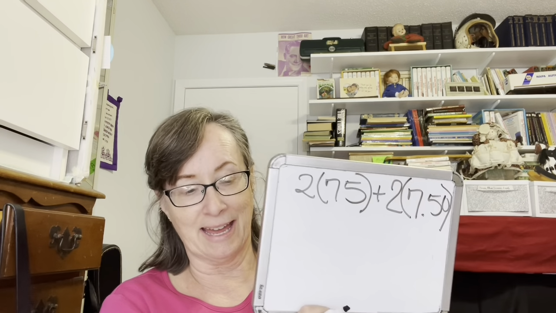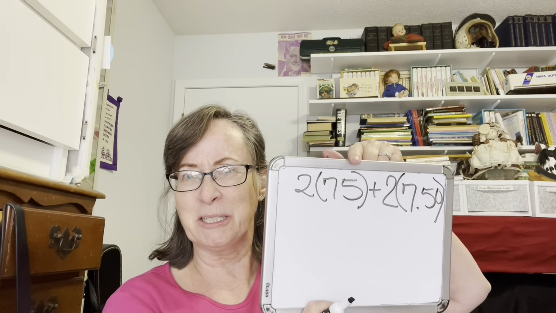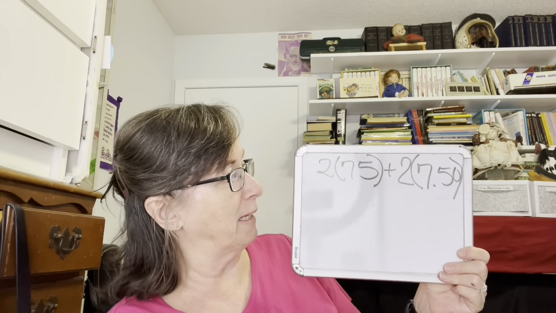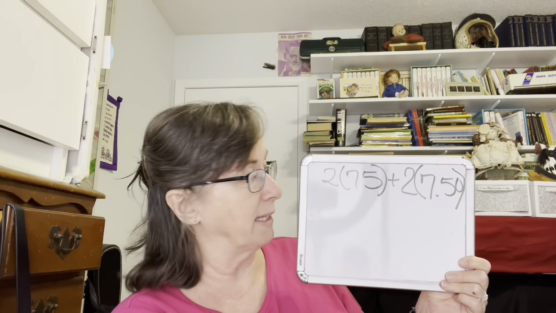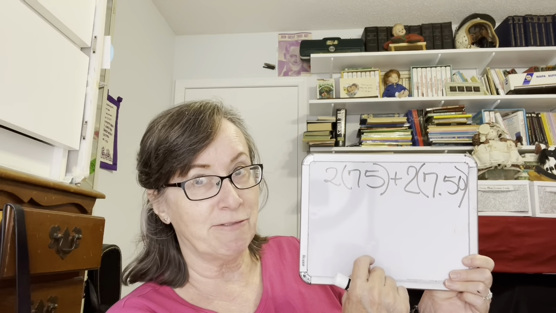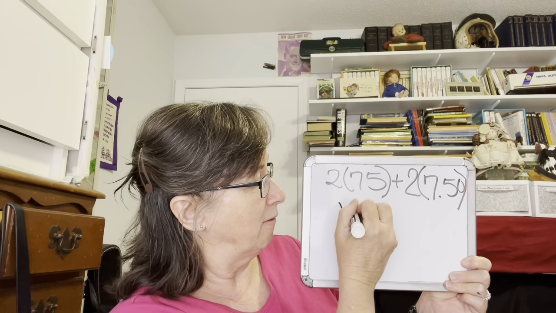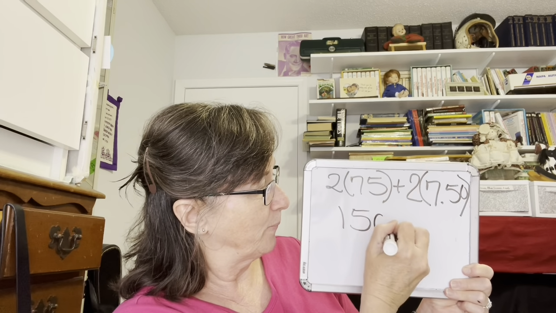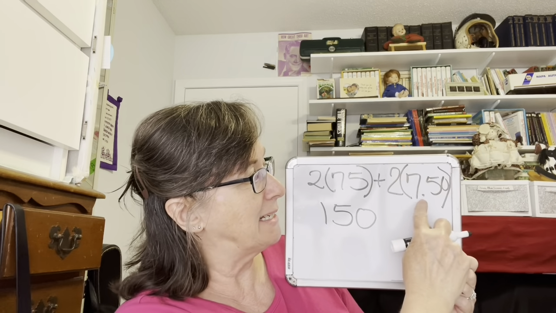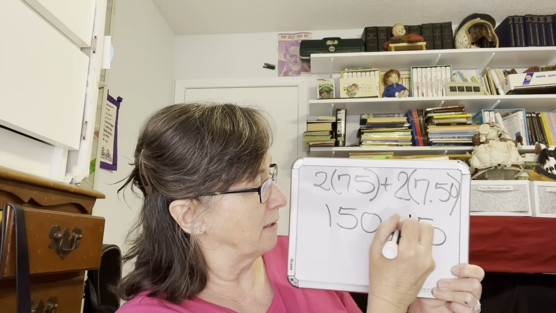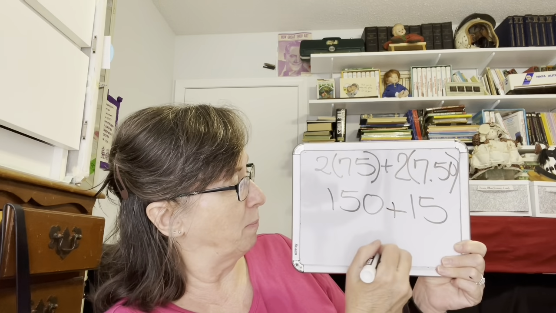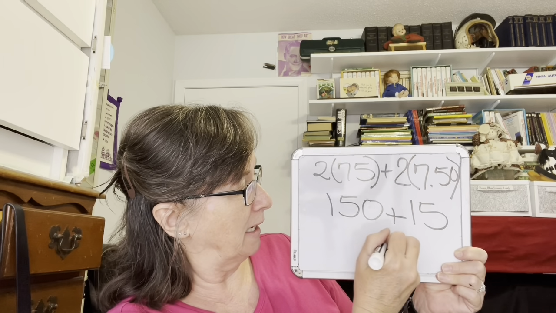Okay, and I would probably do it this way on this problem simply because to me it's easier to double these since they have 5s on the end. So if I double 75, I'm going to get 150. If I double 7.50, I'm going to get $15.